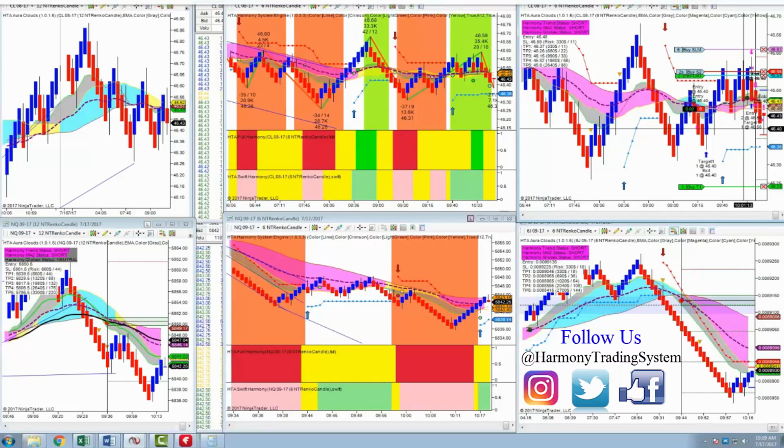So we're in 8, and I have 2 out. We need 2 more. Maybe we'll get a bounce here. Let's see if we can get a bounce.